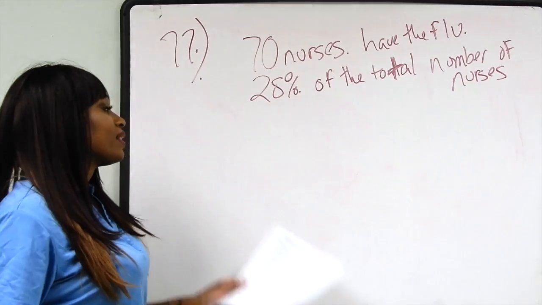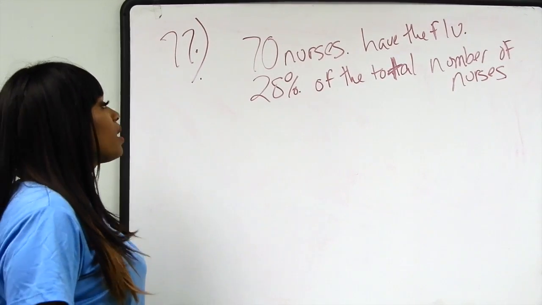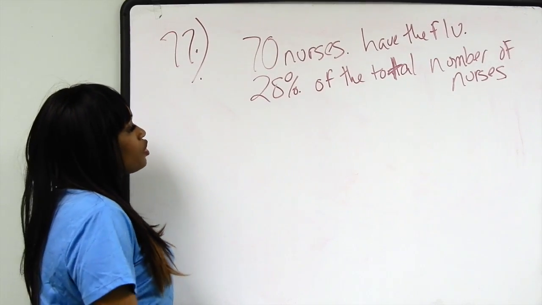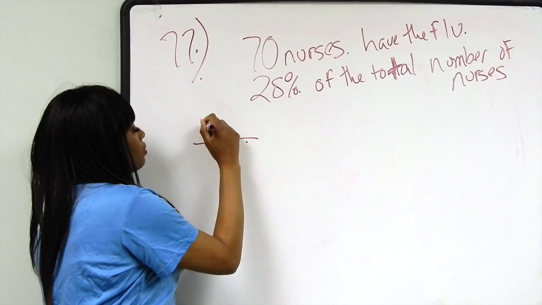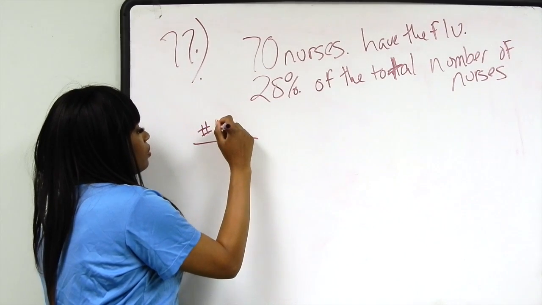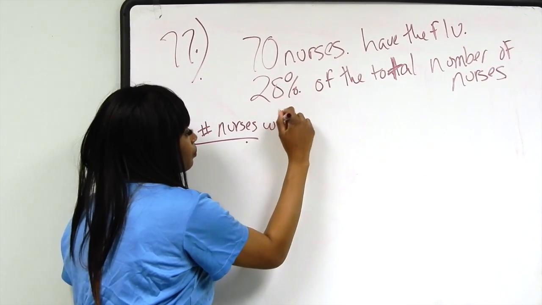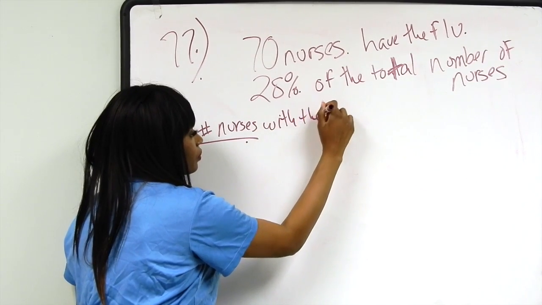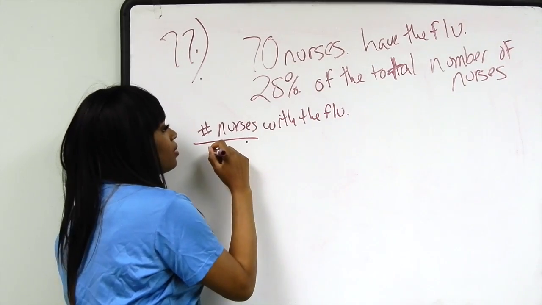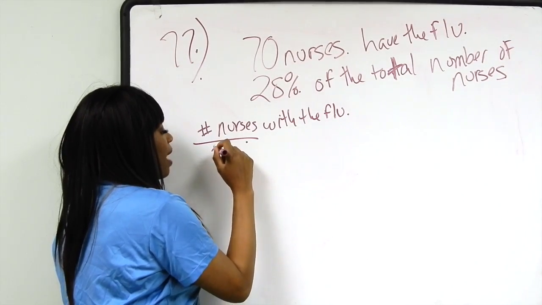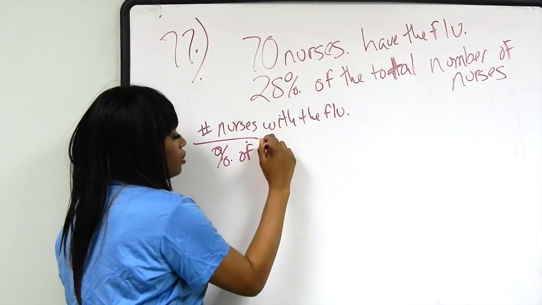Okay, so now we need to find the total number of nurses that are at this hospital. What we would do is we would take the amount of nurses with the flu, and we would divide by the percentage of the total.